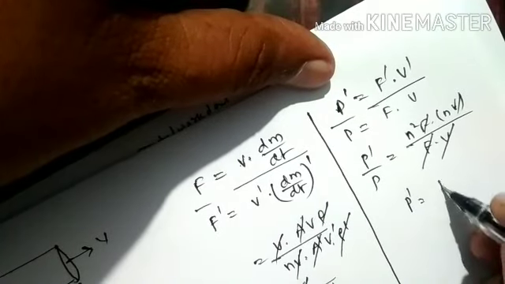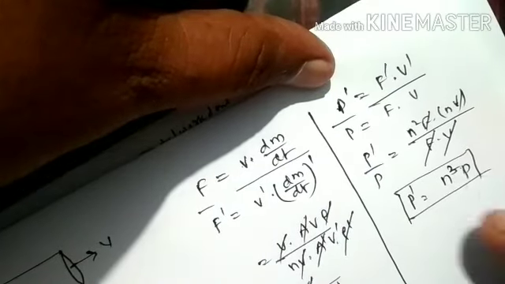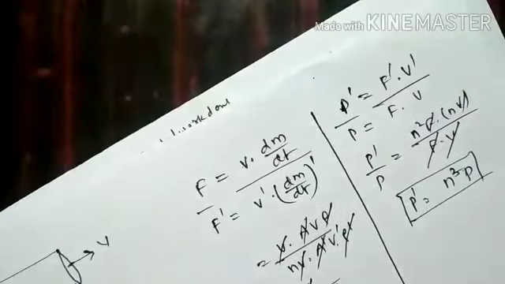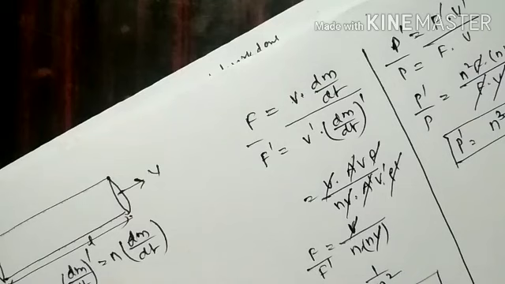P dash is equal to n cube P. Suppose you have to double the mass of the water, you have to increase the power by n cube times, that is 8 times. So like this we can have the applications of power.